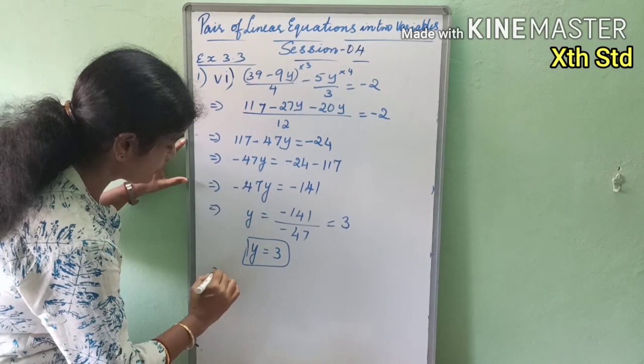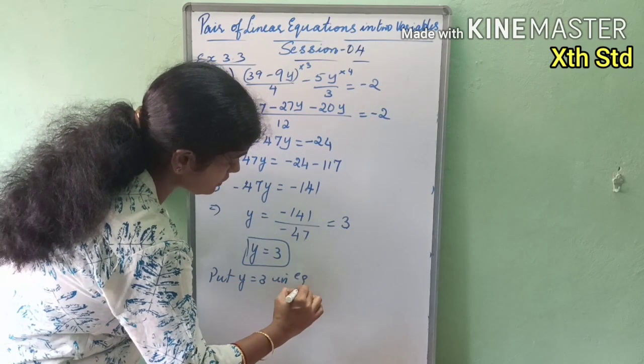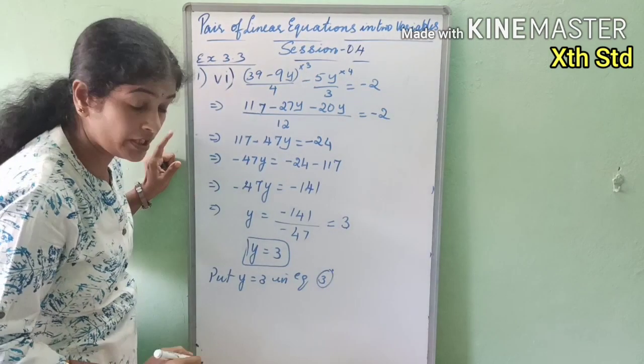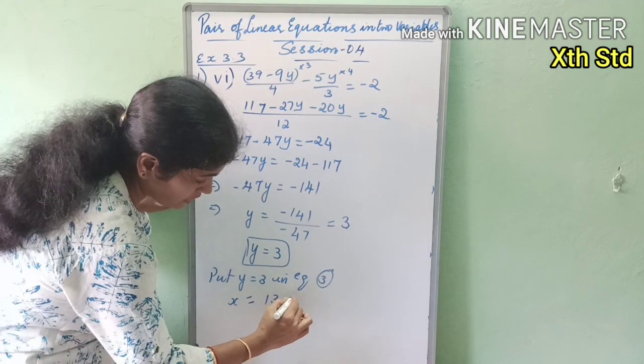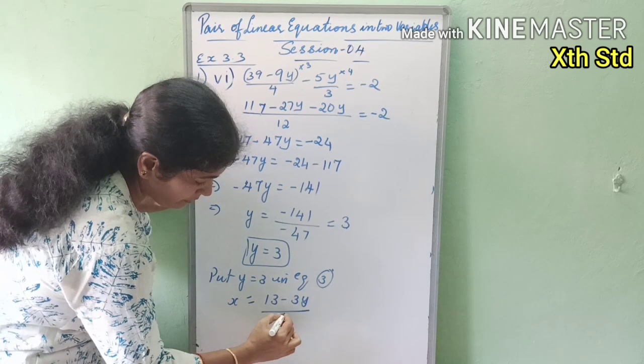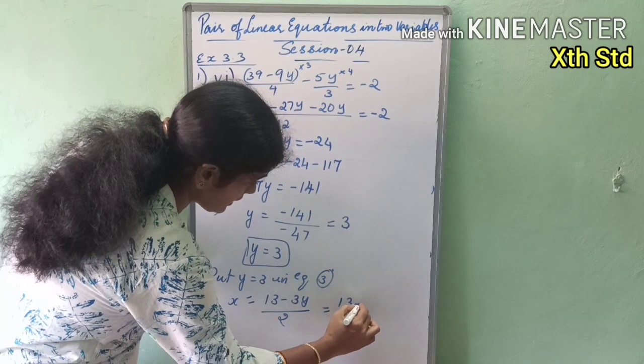Therefore, put y equal to 3 in equation 3. What was your equation 3? Equation 3 was x is equal to 13 minus 3y by 2. Correct? So substitute here, that is 13 minus 3y.